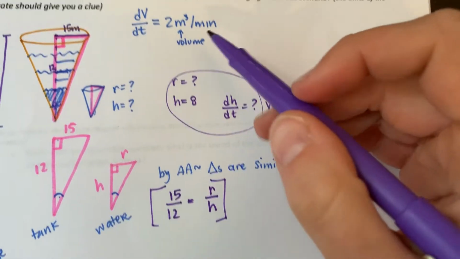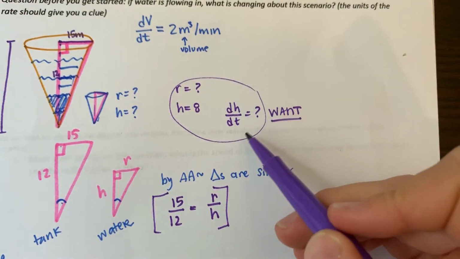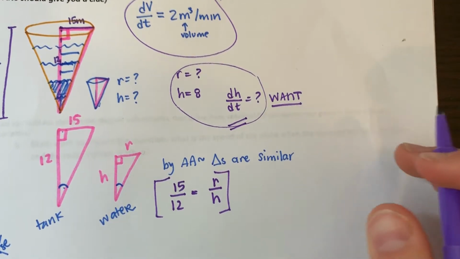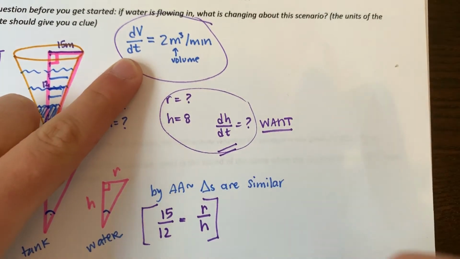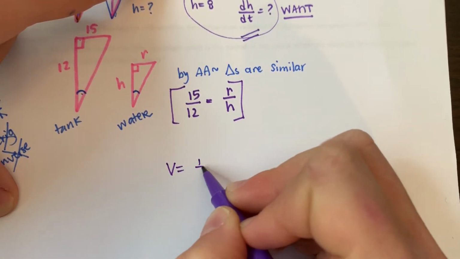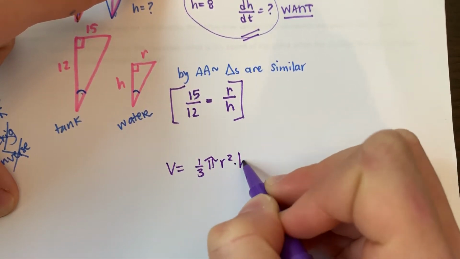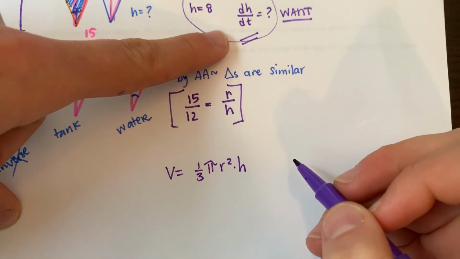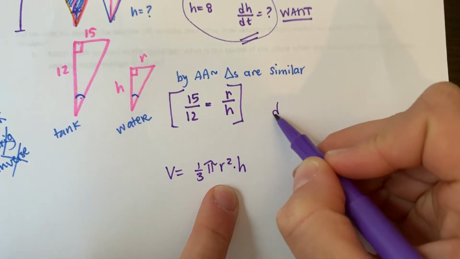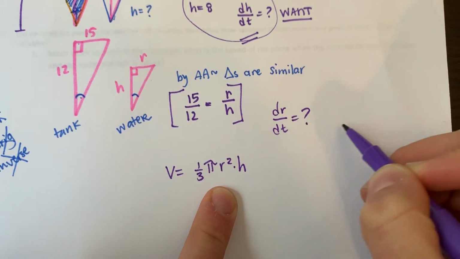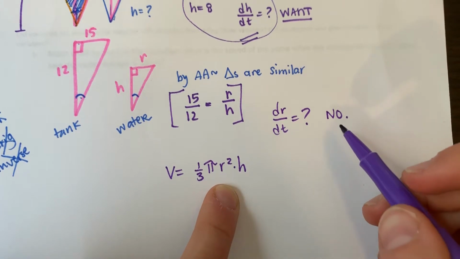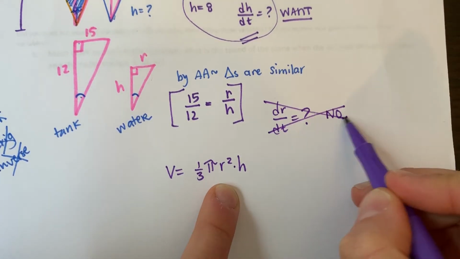We still need to come up with an equation that gets us dh/dt, and maybe use this as well. So what this makes me think of is to use our volume formula for a cone, which is V equals 1/3 pi r squared times height. We want dh/dt. We have dV/dt. This is a constant. r is also changing. Do we know what dr/dt is? No. Can we find it? Maybe, but I don't really want to spend time doing that.